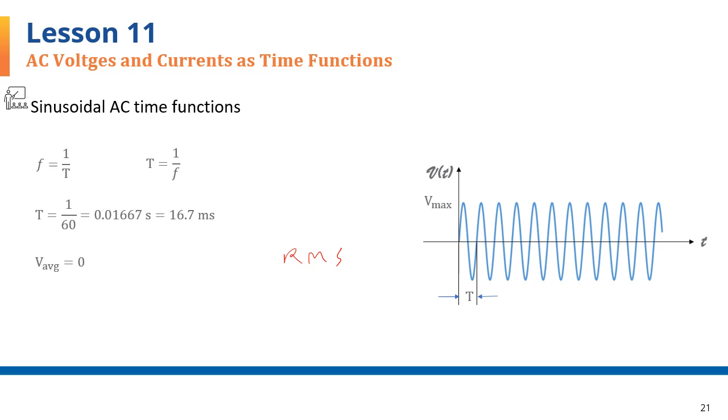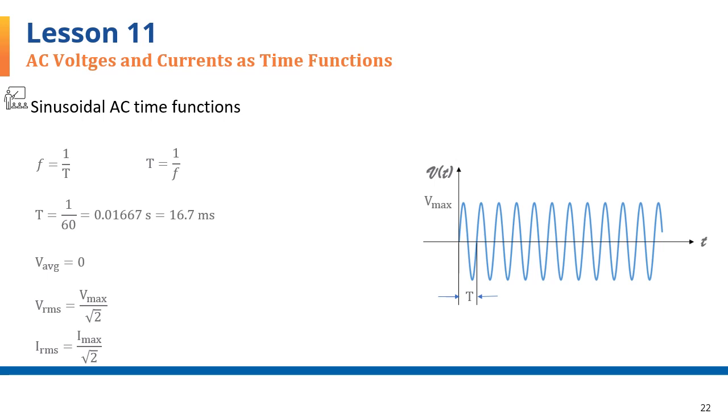This value, known as root mean square and abbreviated to RMS, happens to be Vmax divided by square root of 2 in the case of the AC voltage, and similarly Imax divided by square root of 2 for the AC current.